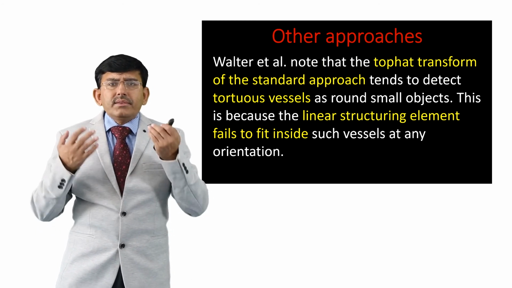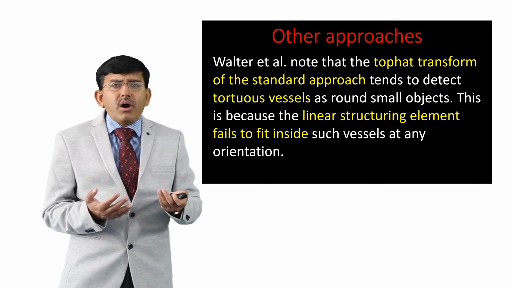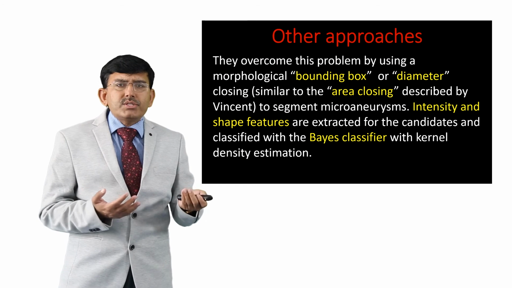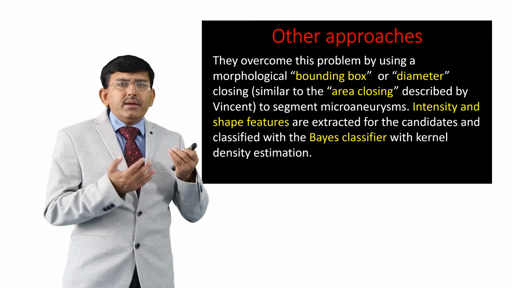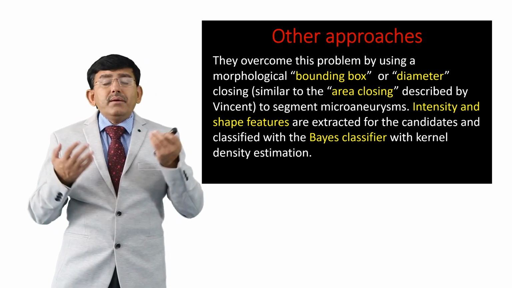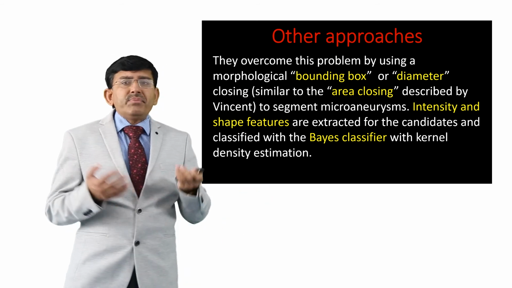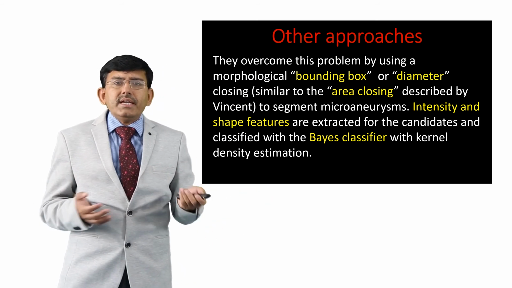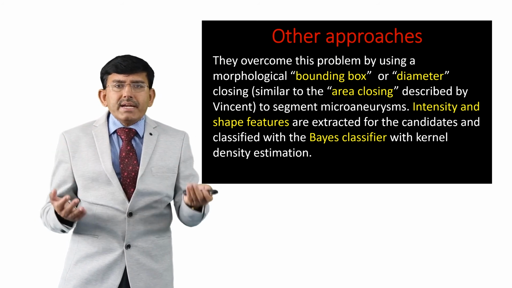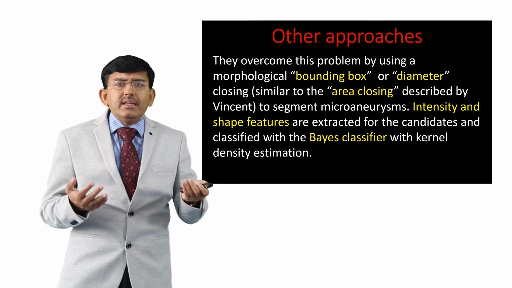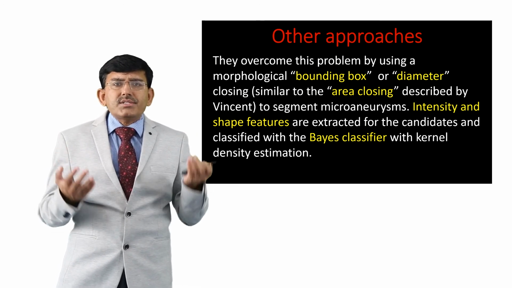They overcome this problem by using a morphological bounding box or diameter closing, similar to the area closing described by Vincent, to segment microaneurysm type of lesions currently present in the images. Intensity and shape features are extracted for the candidates and classified with a Bayes classifier with kernel density estimation.